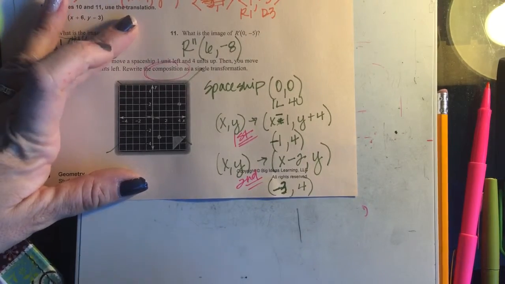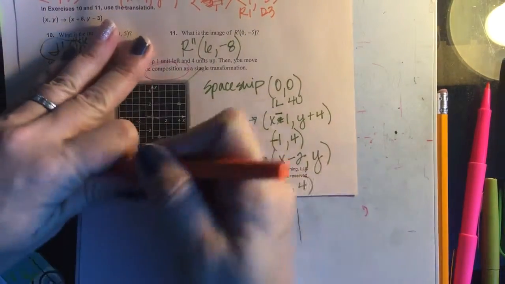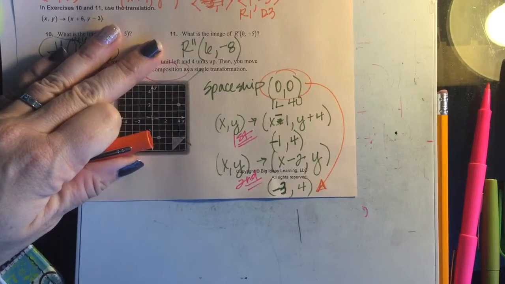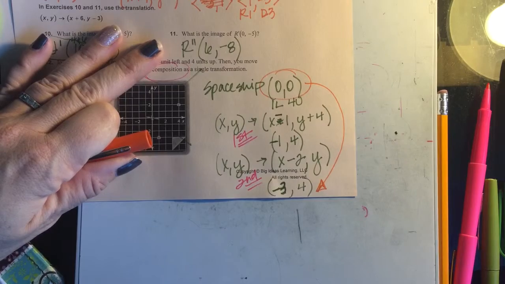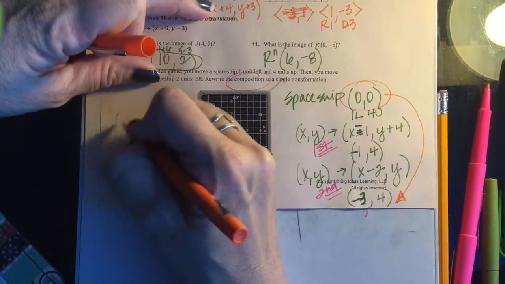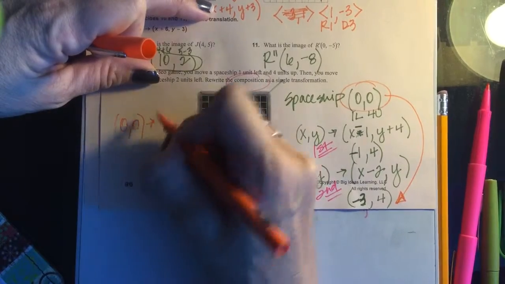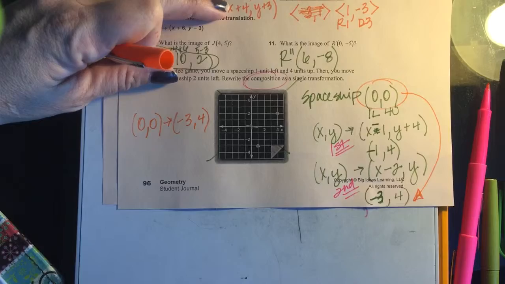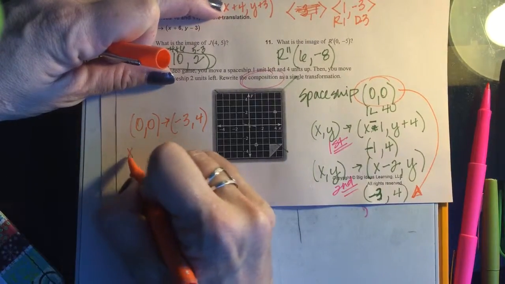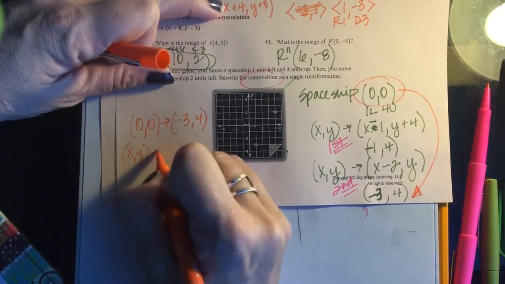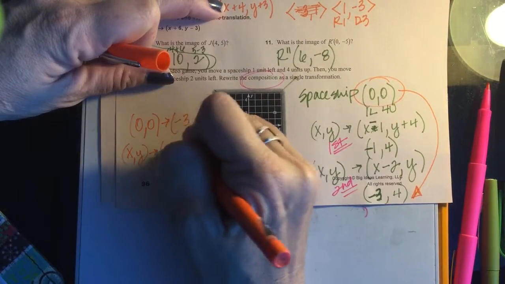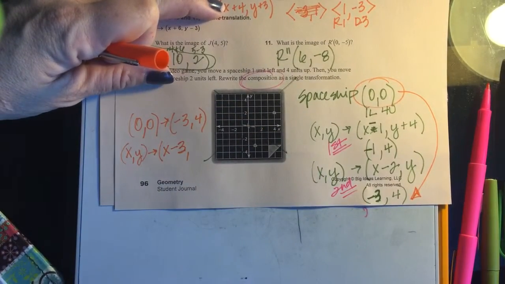The question about this is, can we rewrite where we started to where we ended in one set of directions? To get from 0, 0 to where we ended at negative 3, 4, what would I do to the x values? What am I doing to the y values?